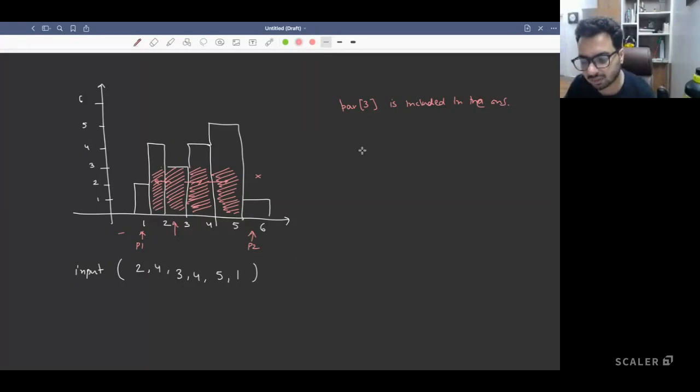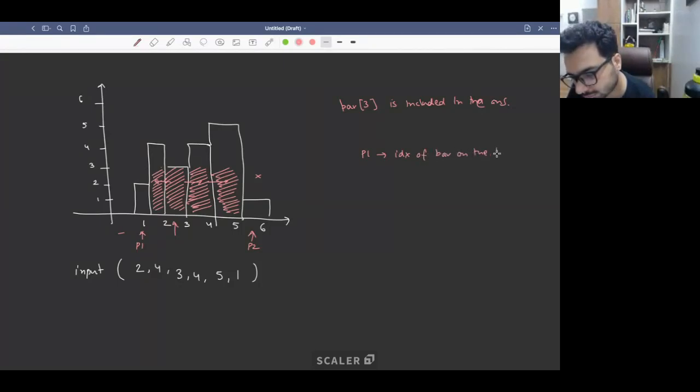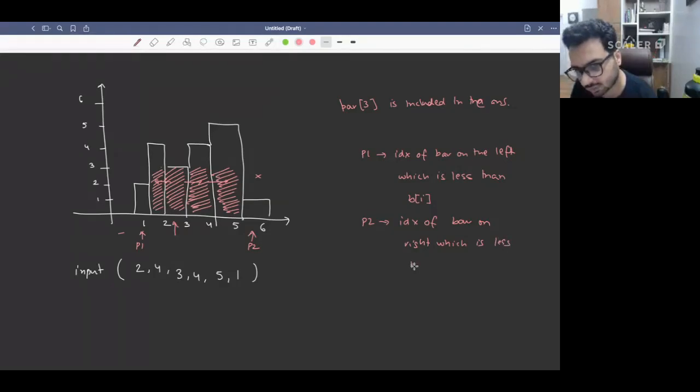So what are these P1, P2? P1 is the index of the bar on the left which is less than the current bar, the ith bar. P2 is the index of the bar on the right which is less than the current bar. Tell me, does that make sense?